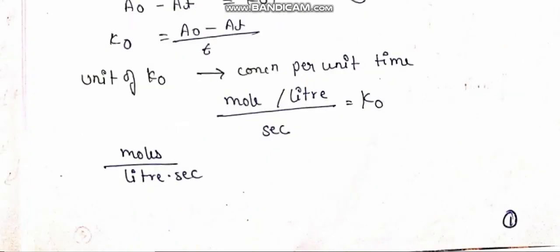As A represents the concentration of the reactant A, its units will be moles per liter, and the unit of time will be second or minute. So if we assume the unit of time is second, then the unit of K naught, that is the reaction rate constant for zero order, will be moles per liter per second.